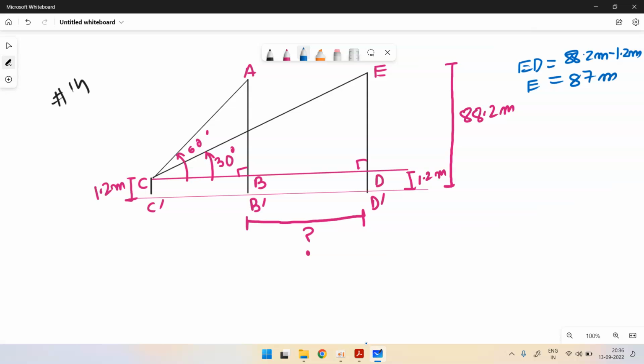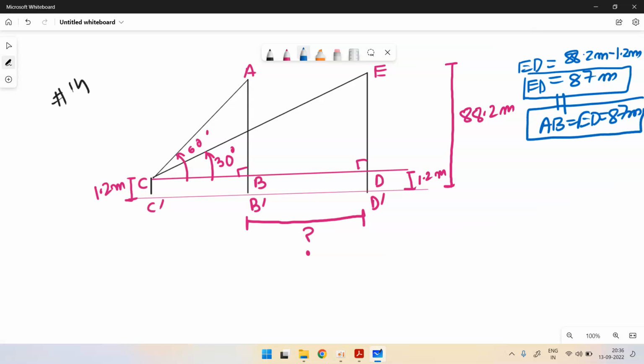ED is 87 meters. Now you can see from the diagram that AB equals ED equals 87 meters.